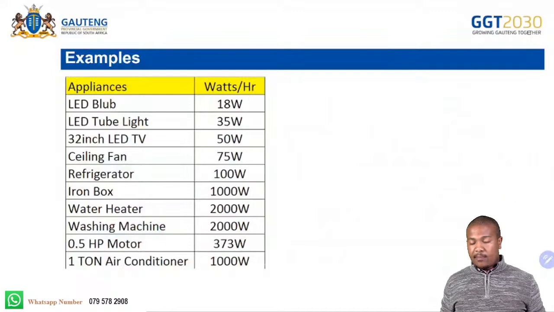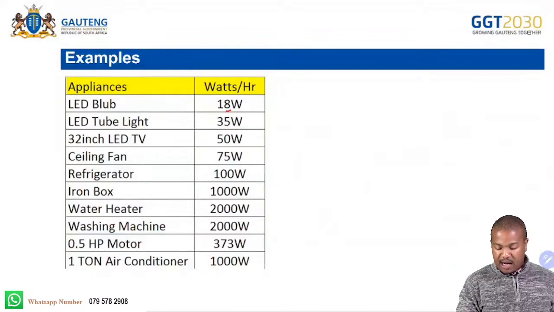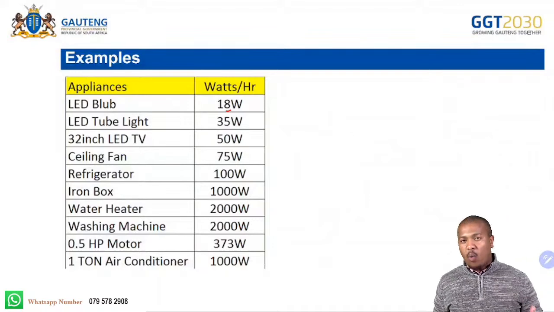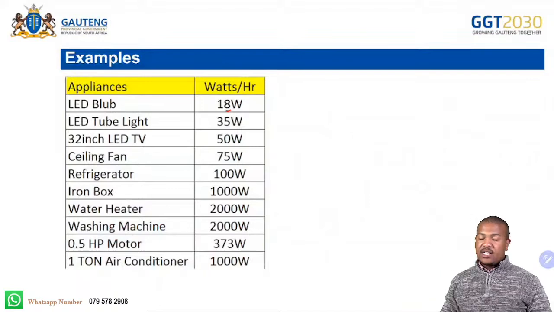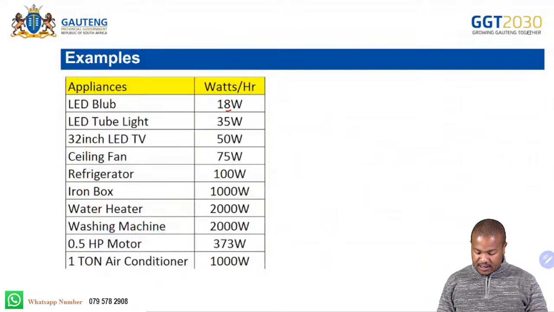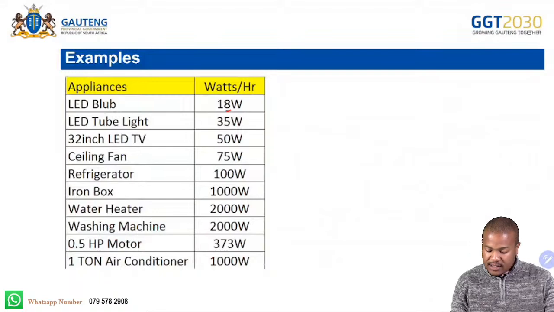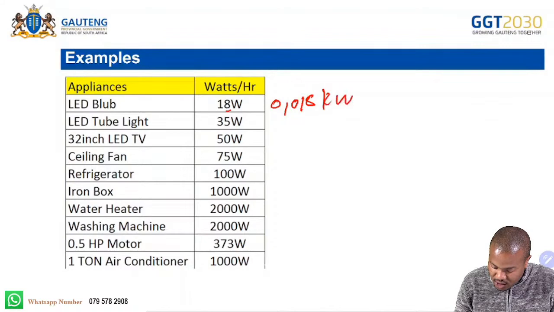Let's look at some examples here, right? Like the LED light bulb. It has 18 watts, right? So in order for us to get the kilowatts, we're going to say 18 divided by 1000, to give us 0.018 kilowatts, right?